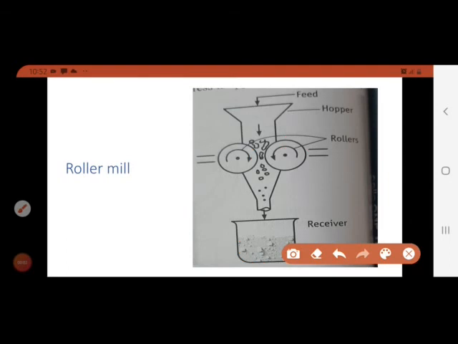Roller mill. The material is crushed by application of stress, and attrition also influences. The stress is applied by rotating two wheels, mullers or rollers. Construction: the roller mill consists of a hopper through which the materials enter. There are two wheels in the roller mill.